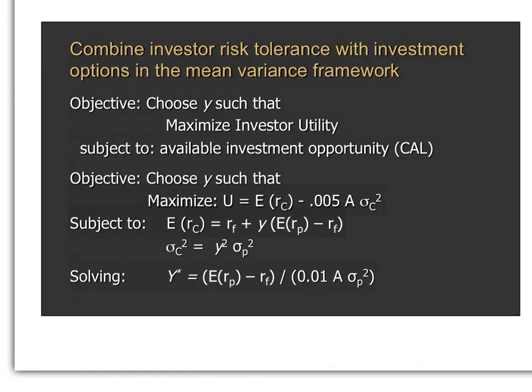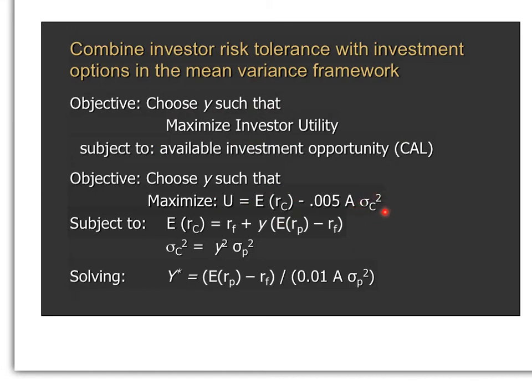This slide presents an algebraic representation of the investor's optimization problem in a world with one risky and one risk-free asset. The investor's objective is to maximize their utility or happiness subject to the available investment opportunities. The utility function is a simple representation here wherein the investor prefers more return to less return and prefers less risk to more risk.